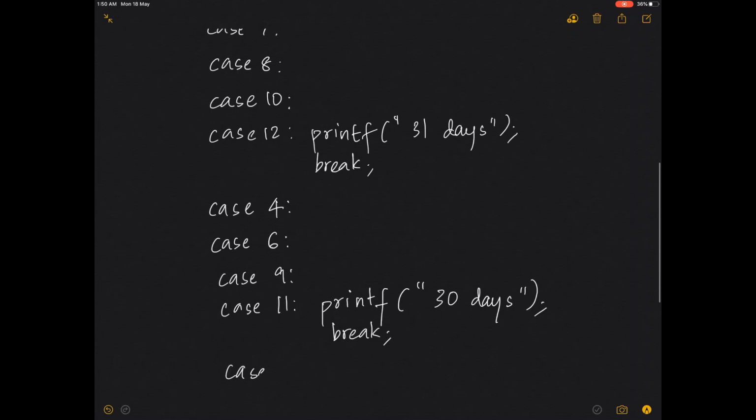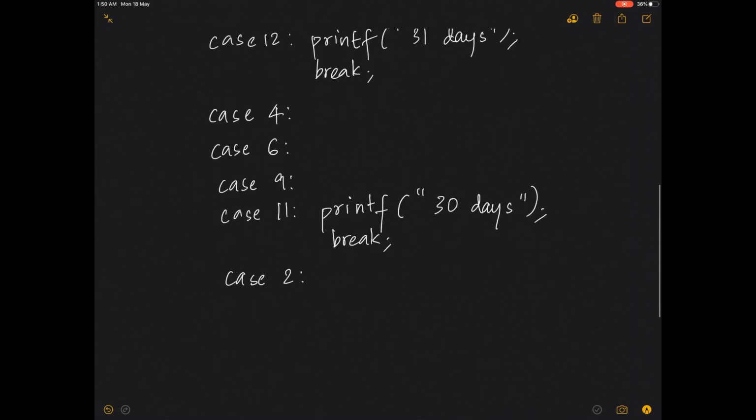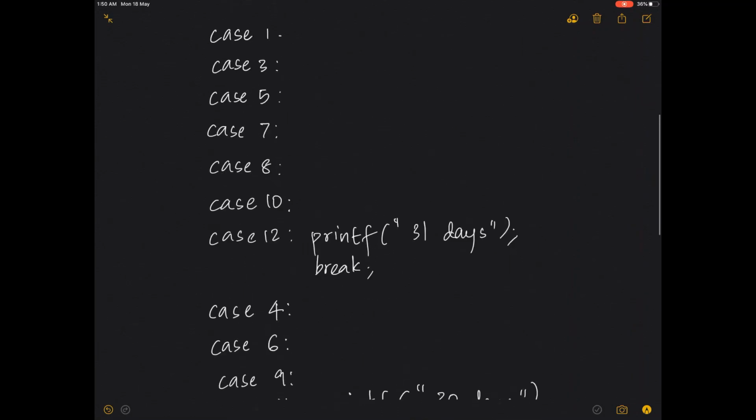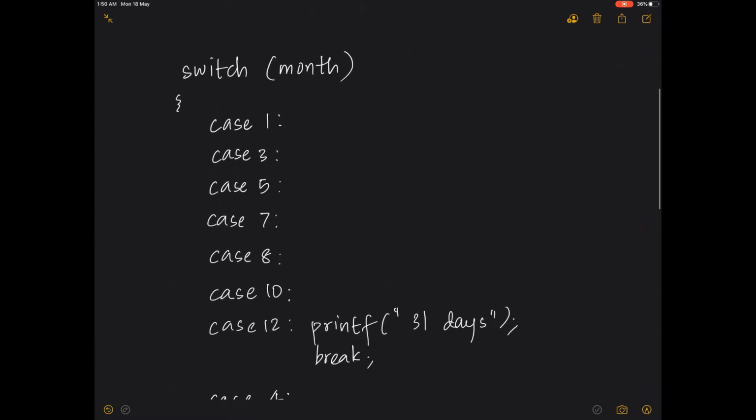And for the last, case 2, you can give your set of output like non-leap year, it's going to be 28 days, comma, leap year, it's going to be 29 days, and you have your break. You can go ahead and write your default statement also. I'm using this for the ease that for these many months, I don't have to write separate statements.